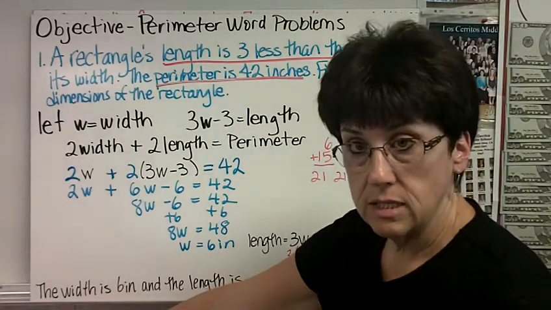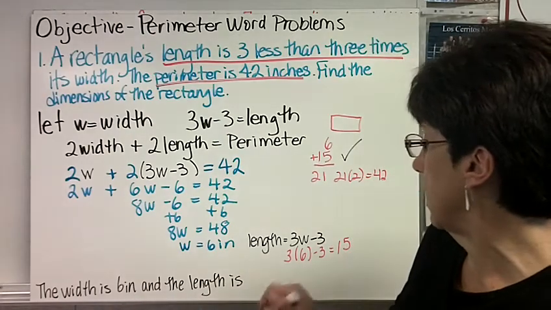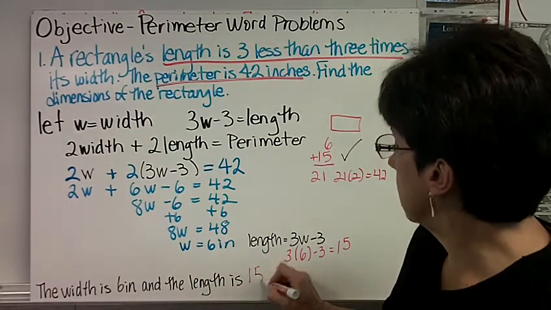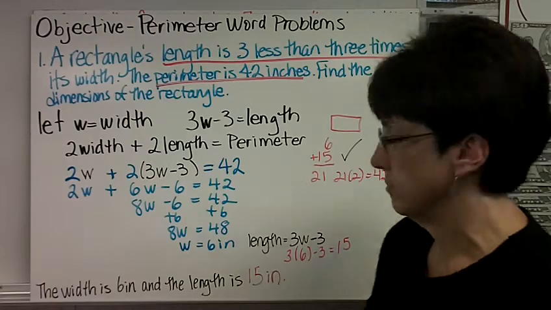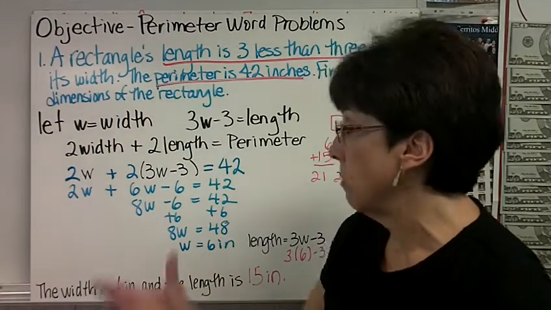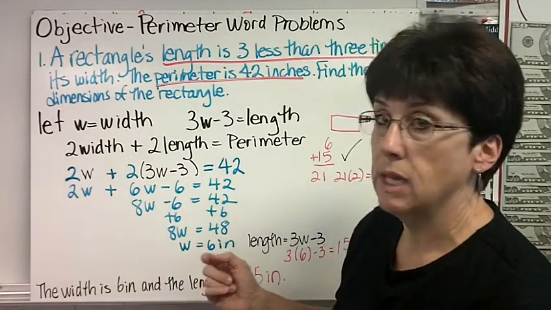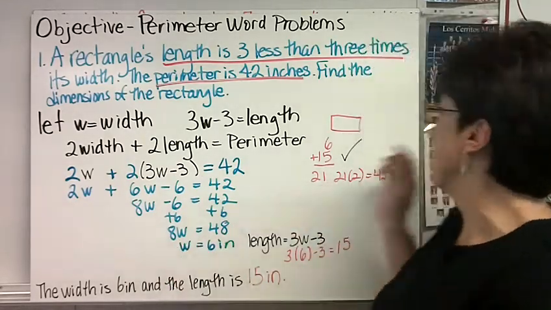And then we write a sentence, our final step. We say the width is 6 inches and the length is 15, because that's what we just figured out. So these problems we did before when they were just combining like terms, when we didn't have to do the distributive property. That's why we're doing these again, because now they're multi-step problems.